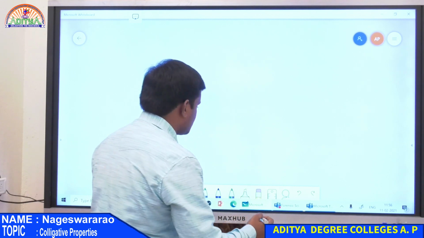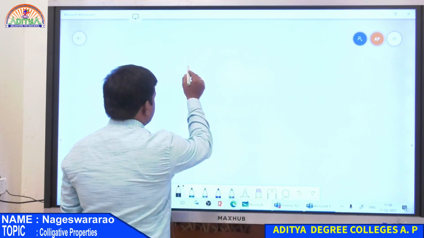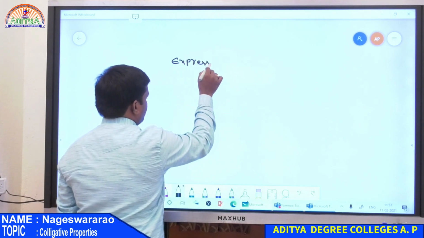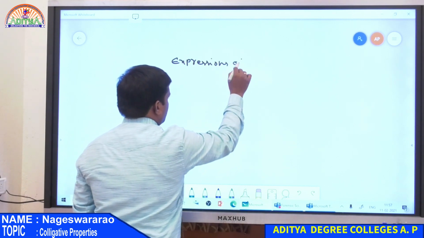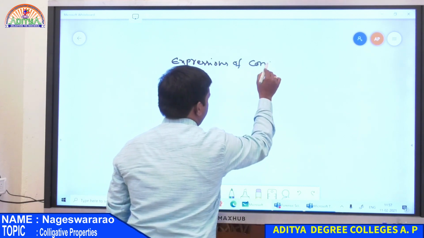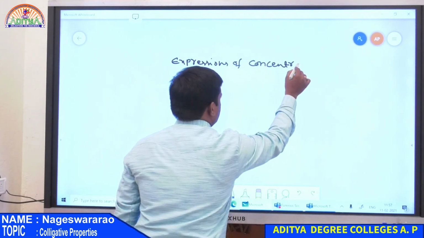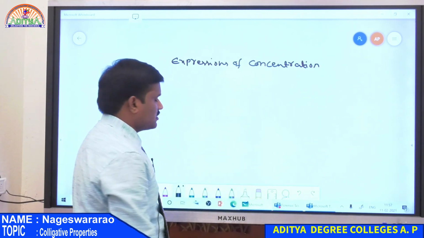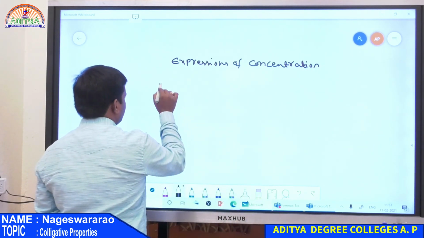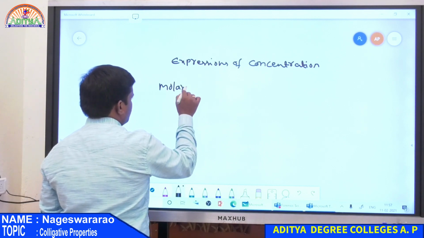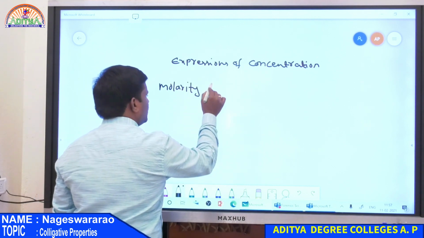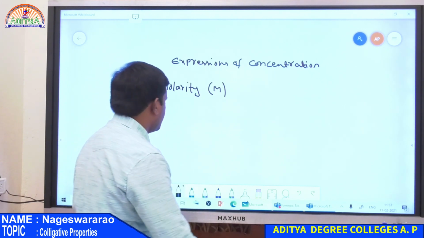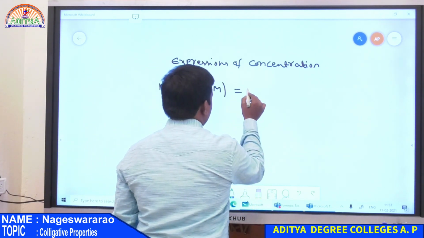So in the last class we discussed expressions of concentration. The first expression is molarity. Molarity is denoted by capital M. What is the molarity formula?